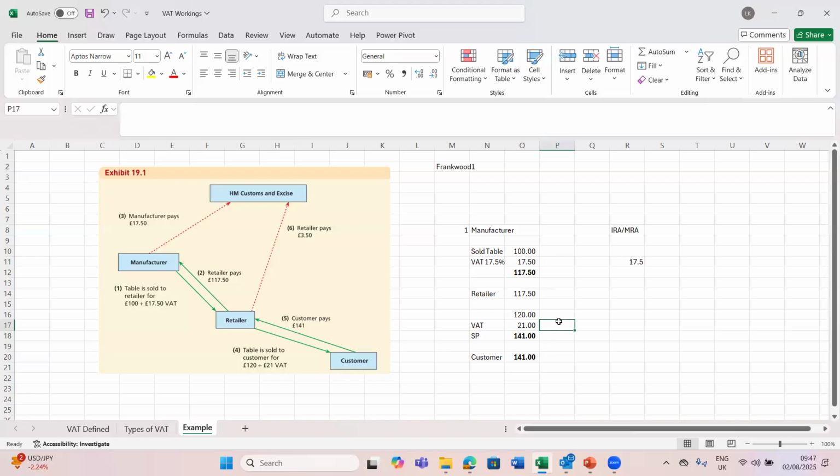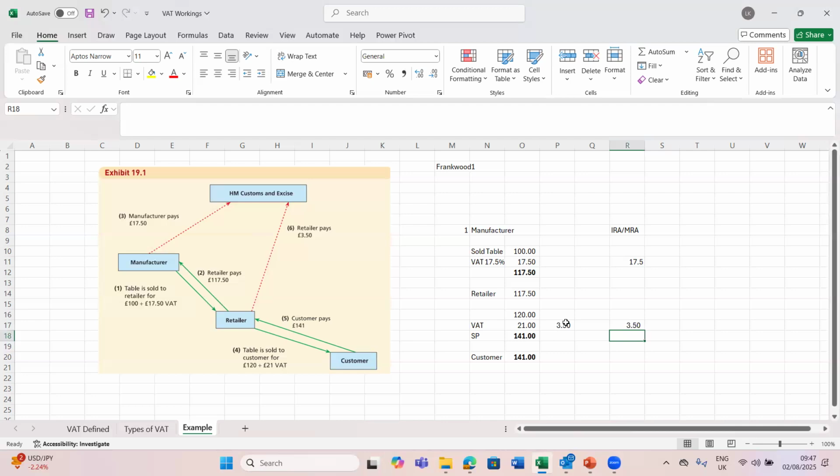What's the difference between 21 and 17.5? It is 3.5. So eventually, the retailer will pay 3.5 to the IRA, or the Malawi Revenue Authority.